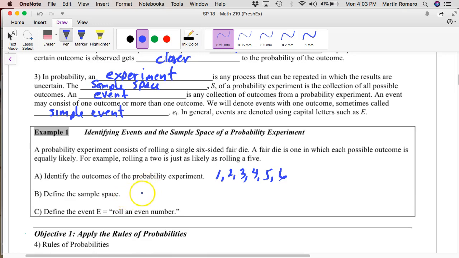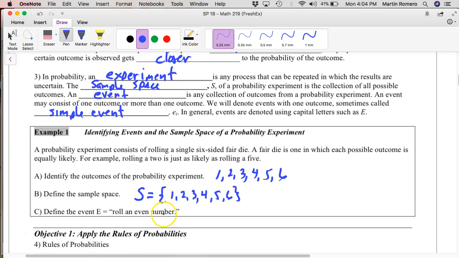What would the sample space be? Again, sample space is the collection of all possible outcomes. We abbreviate with a capital letter S, and then we use this notation just to communicate that we're talking about a sample space, that this is a set of outcomes. And then define the event E equal to roll an even number.